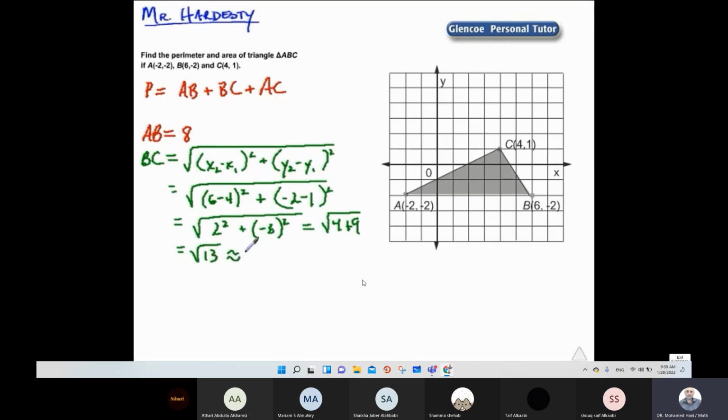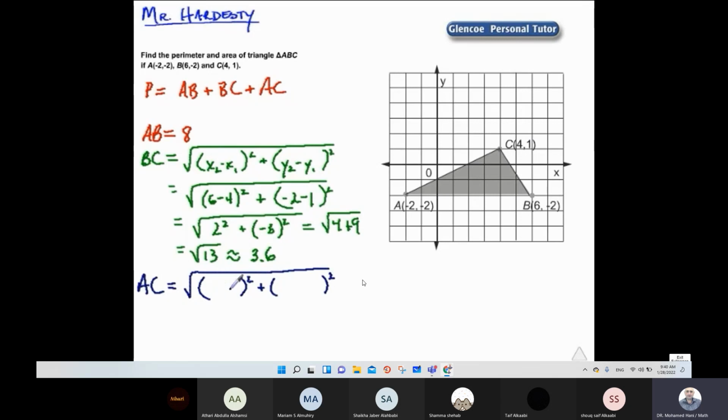As an approximate answer, we get about 3.6. So there's the length of BC. Now for the length of AC, the last side of our triangle, from -2, -2 to 4, 1. The distance formula will help us again.